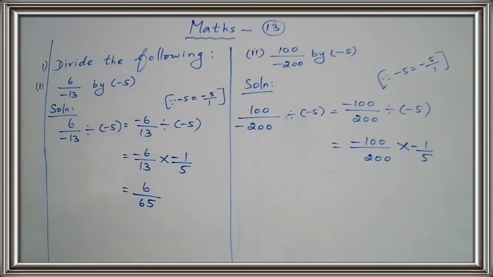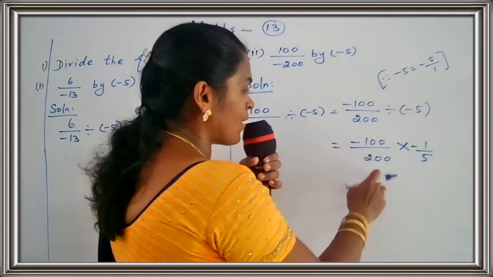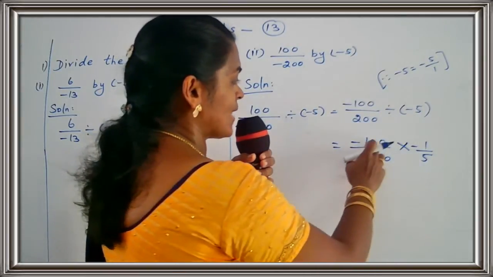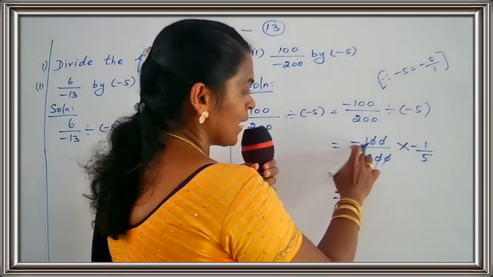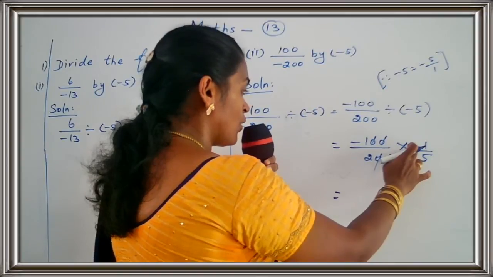So the reciprocal of minus 5 upon 1 is minus 1 upon 5. The reciprocal of a negative rational number is also negative. So your answer is minus 1 upon 5.